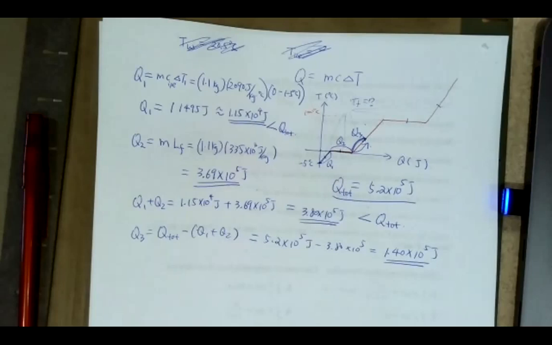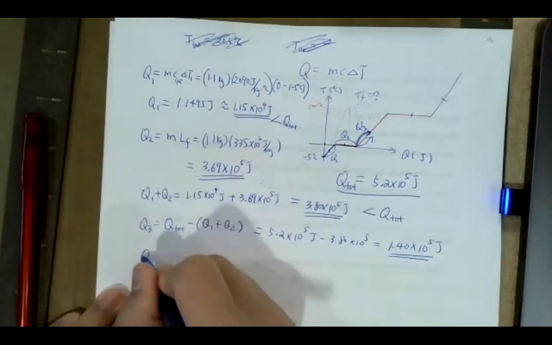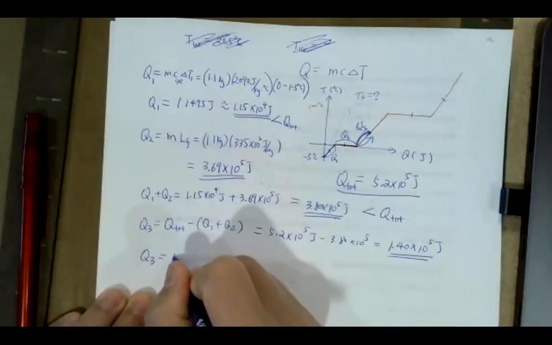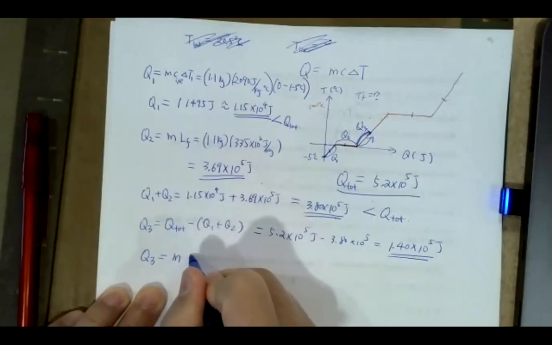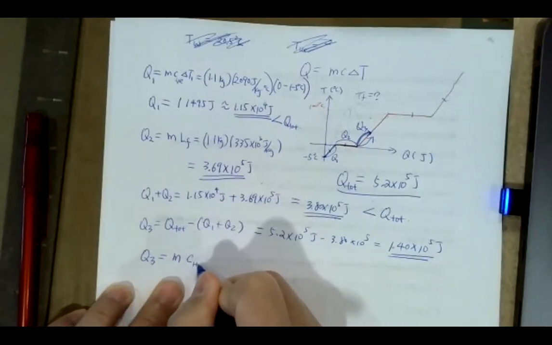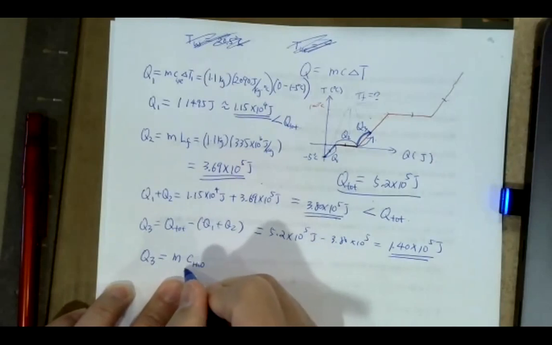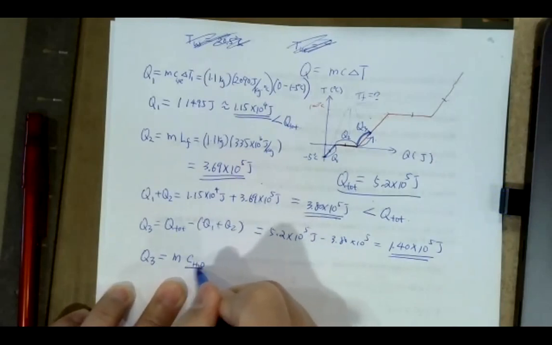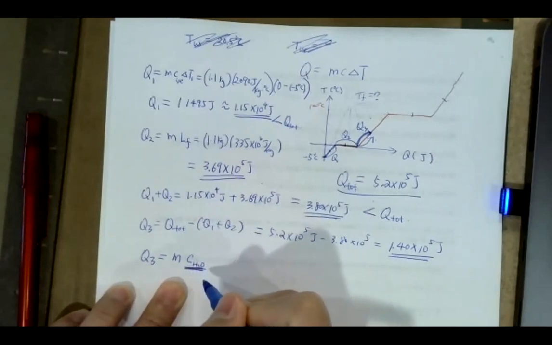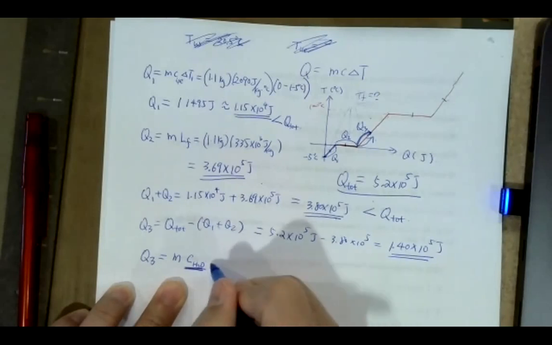I'm going to calculate what that final temperature is, because it should be equal to the mass of the water times the specific heat capacity of the water this time. Remember, you should use the value for water because now it's in the liquid state, times delta T.